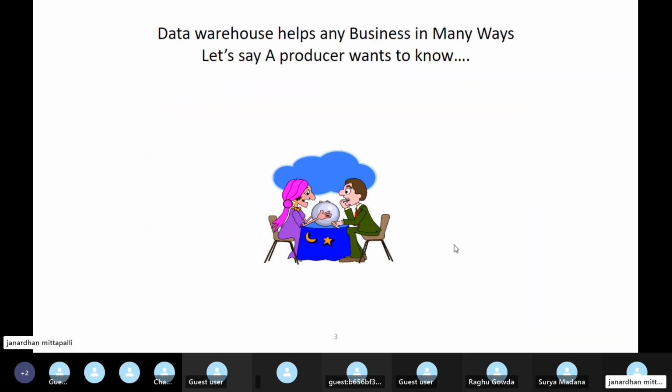But I want to show a few more examples of how a data warehouse will help business users. For example, if you have large stores where you are doing sales of different products in different areas to different customers, just assume you are the owner of that business. Once you use data warehouse concepts and BI, you can find your highest and lowest margin customers. How can you find them?